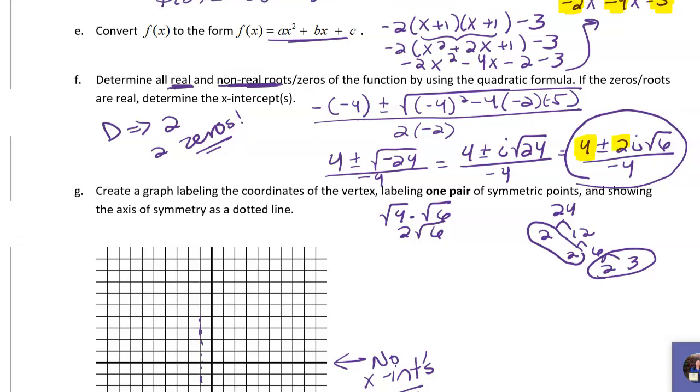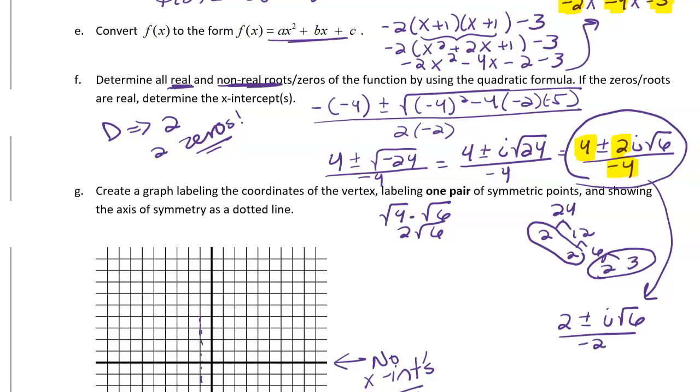So I have a common factor of 2 in these 3 places, which means I can divide a 2 out to simplify. So that's going to be 2 plus or minus i on the square root of 6 all over -2, and that's just dividing that 2 out.